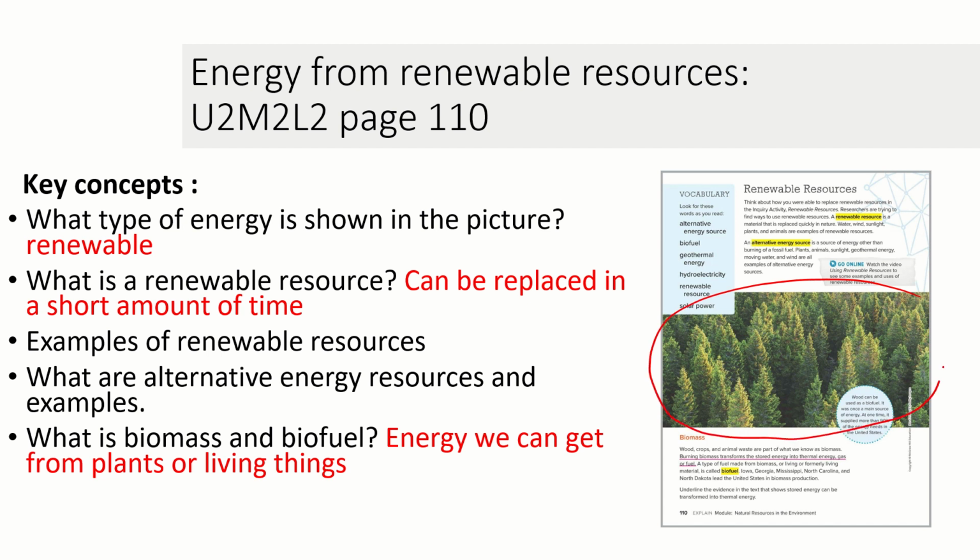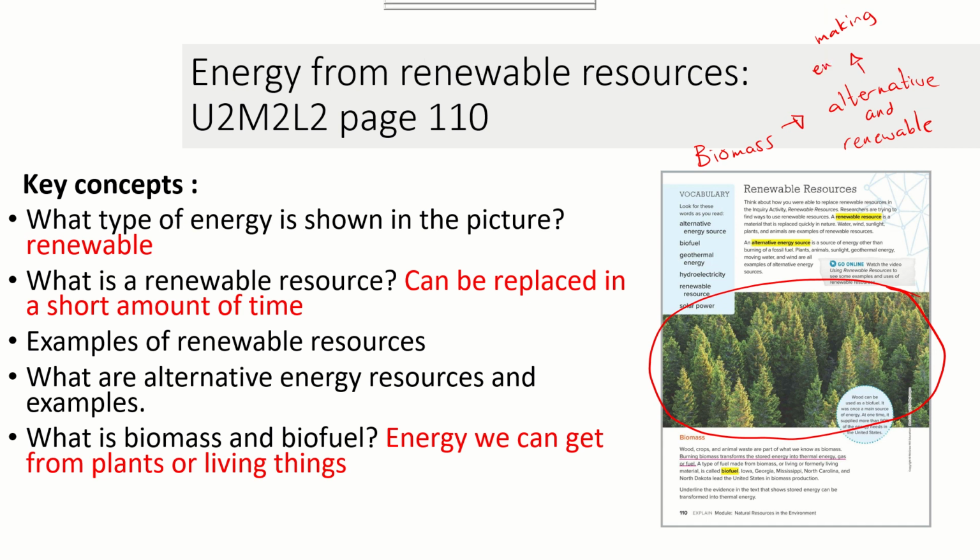So this picture is showing biomass. Biomass is an alternative and renewable energy resource. Okay, in a previous video, we explained the difference between renewable and alternative. Alternative means making energy without using fossil fuels.